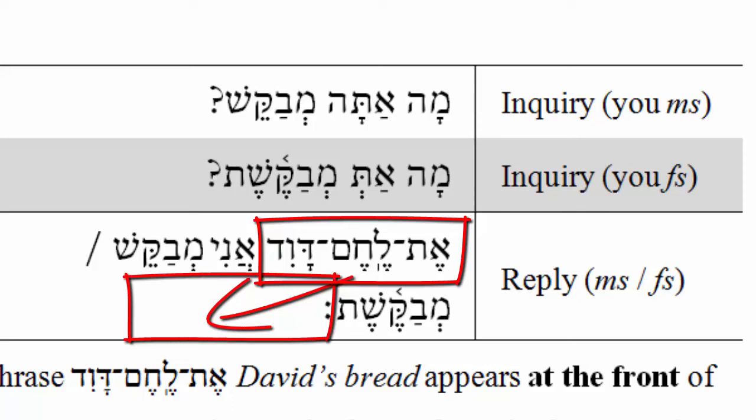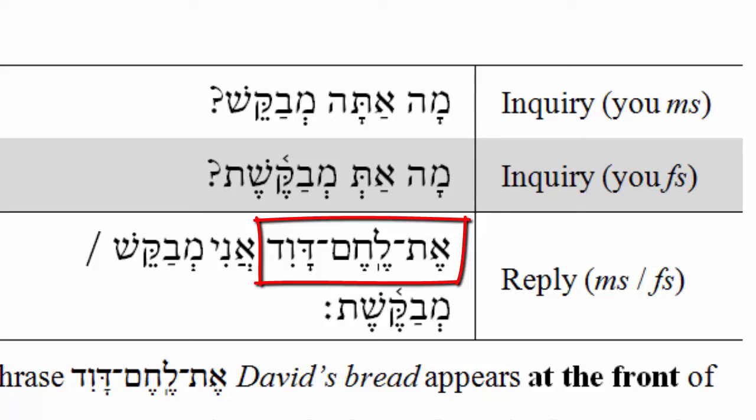That's not the case as we have it here. Instead, the object et lechem David precedes the subject. The subject happens to be a pronoun here, ani. When the object precedes the subject of this participial verb, then attention is being drawn to that object.